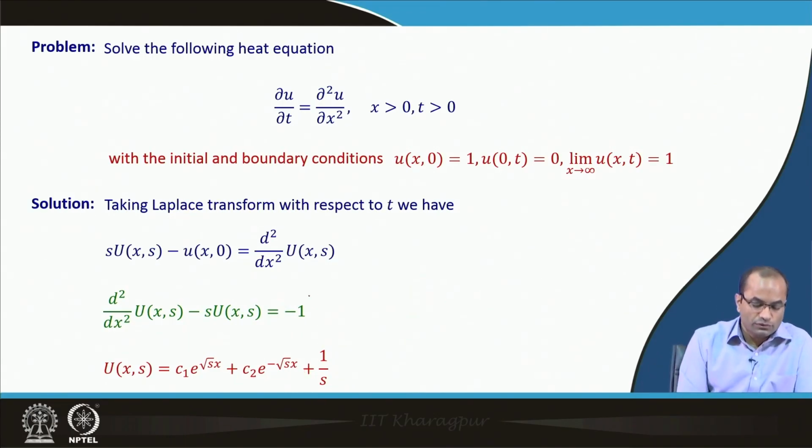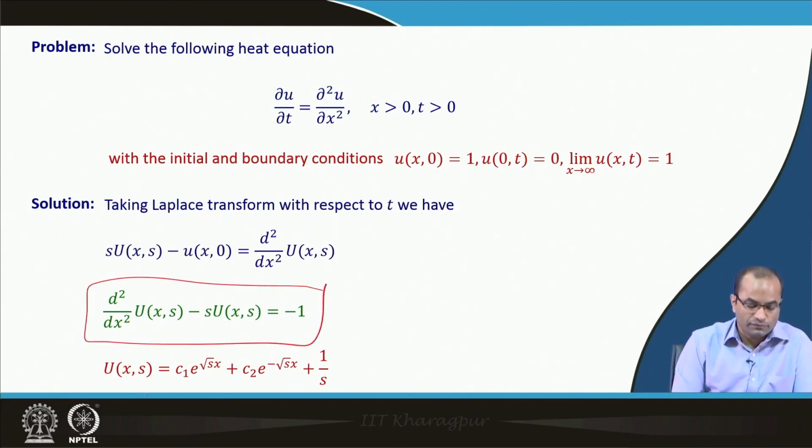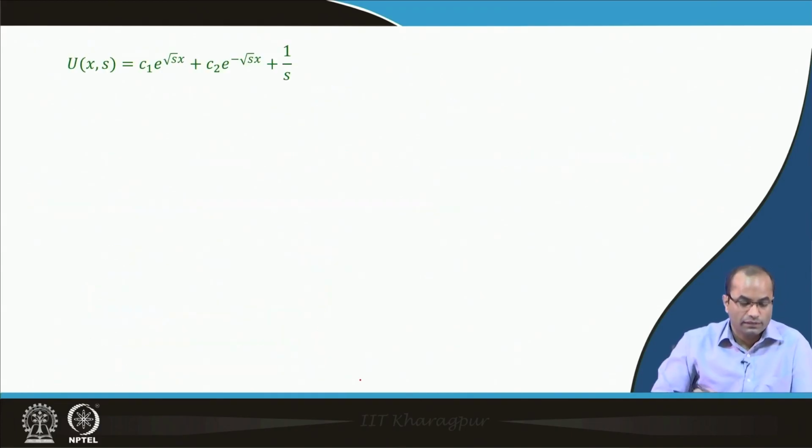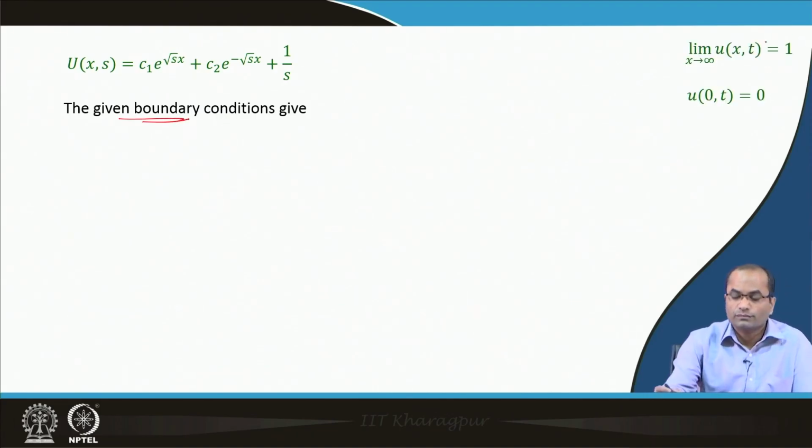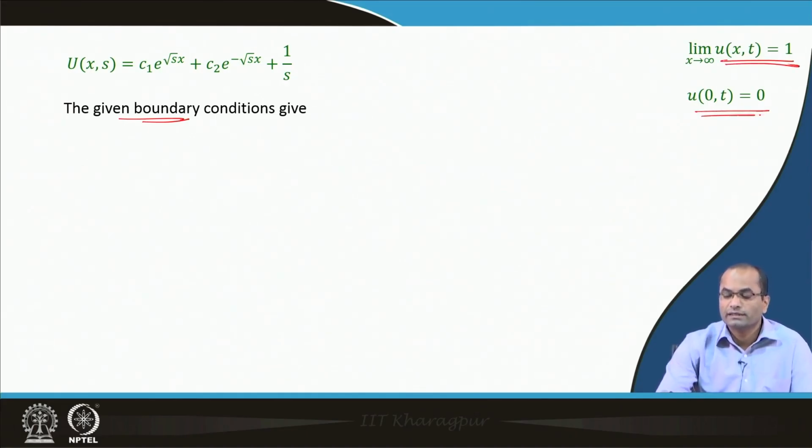Having the solution of this differential equation, which is written here, we can now consider the boundary conditions. One was u(x,t) as x goes to infinity is 1, and the second one is u(0,t) equal to 0.